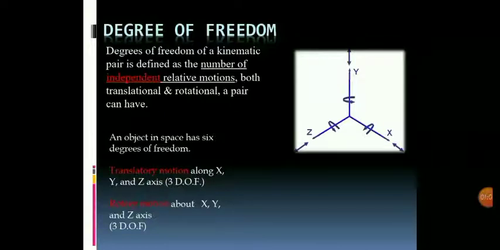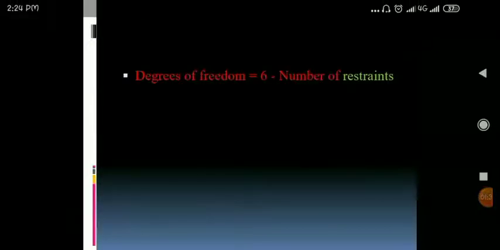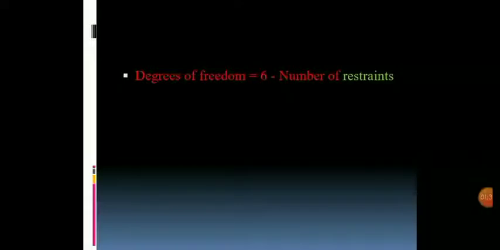Along with this, it can have rotary motions about the x, y and z axes. So I can say that the object can have 6 degrees of freedom, that is 6 independent relative motions.